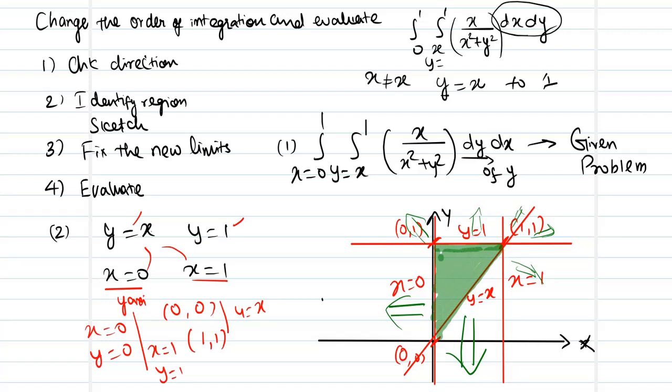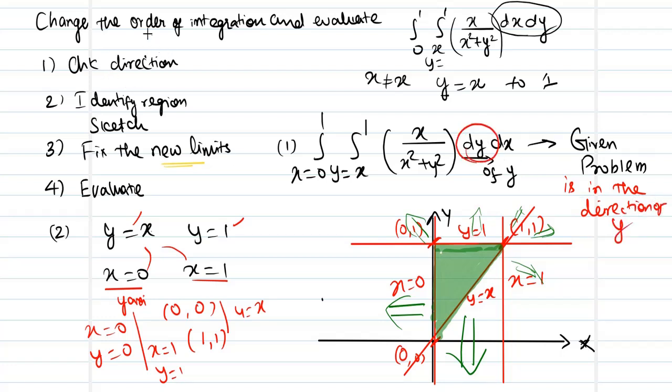Step number 2, which is identifying the region and sketching the region, is done. So we move on to the third step, which is fixing the new limits. How to fix the new limits? The given problem is in the direction of the y-axis.